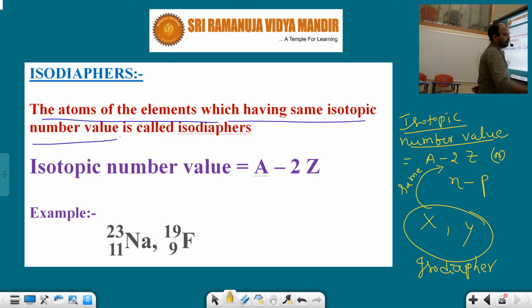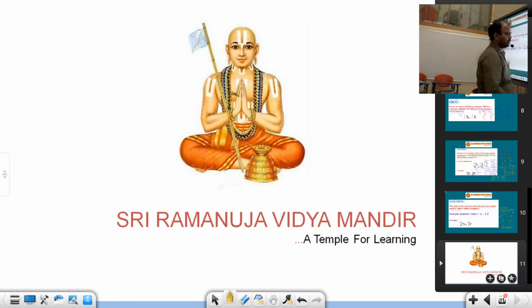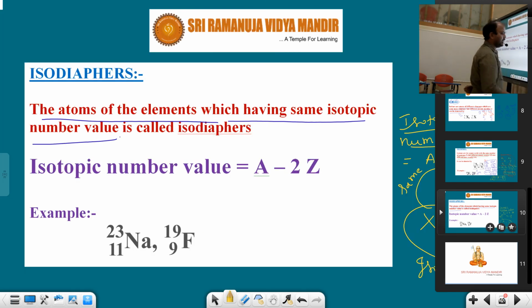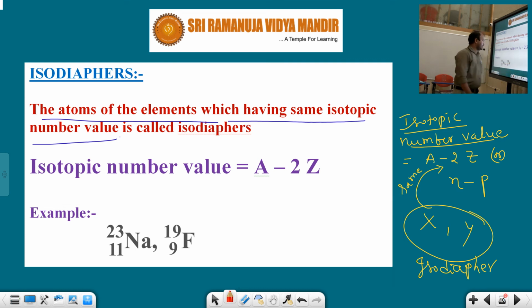When I give the example, you can easily understand what isodiaphers are. Okay, we will take an example.